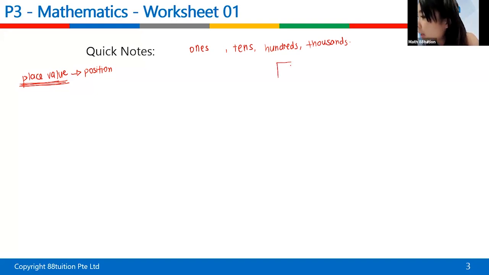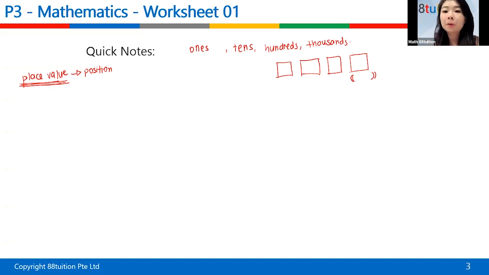So let's say I have a 4-digit number. Sakti, can you tell me this number here is in which position? Ones. Very good. Please remember the ones position is always the right-hand side, all the way at the right.